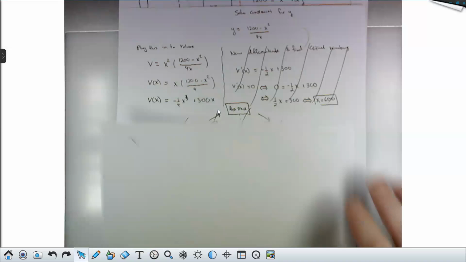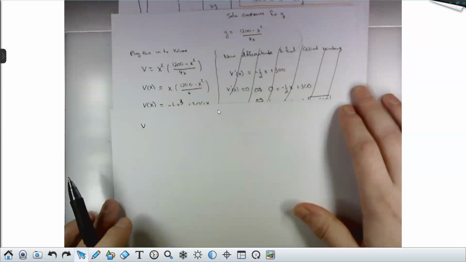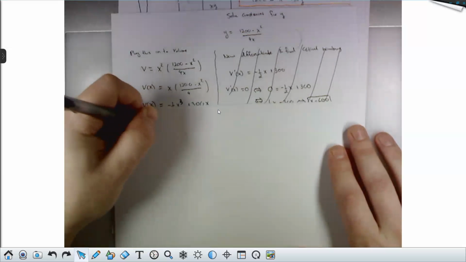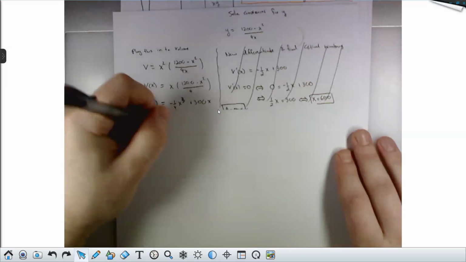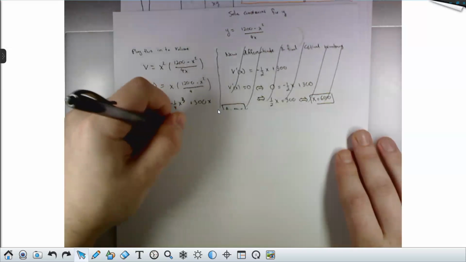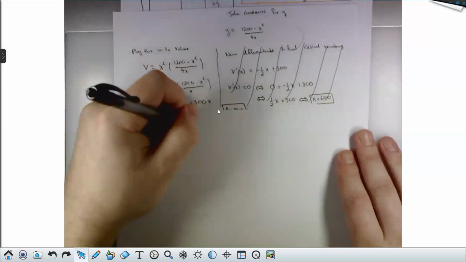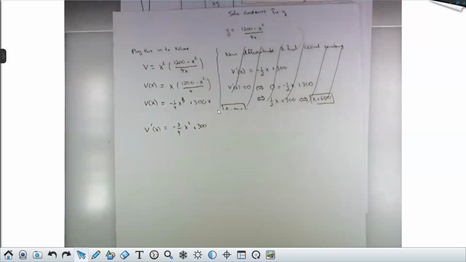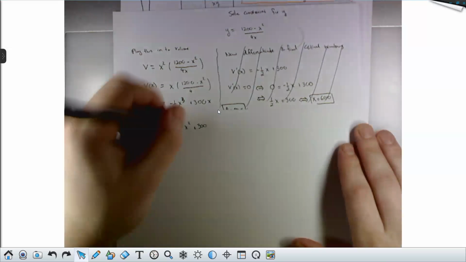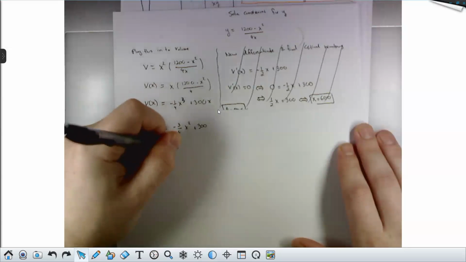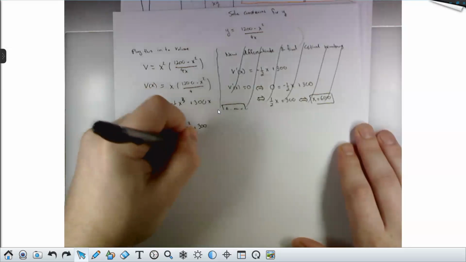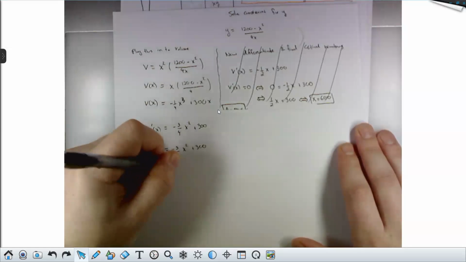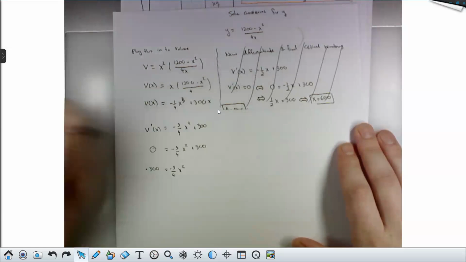So if we come back here and differentiate this again, the derivative that we need there, v prime of x, would be -3/4 x squared plus 300. And now if I set this equal to 0, I can subtract the 300 over, -300 equals -3/4 x squared.